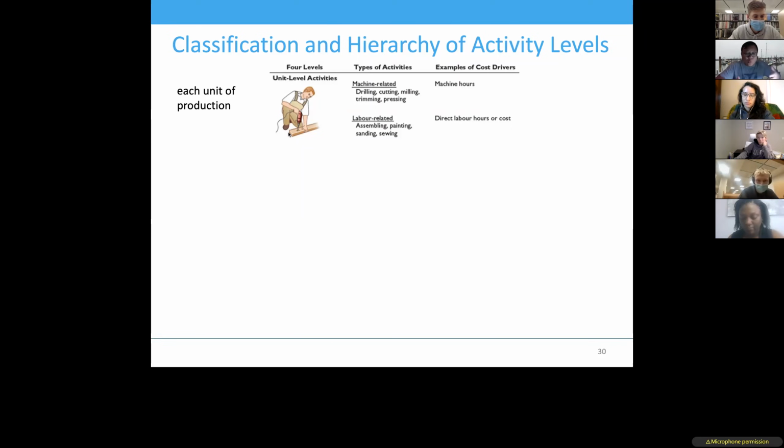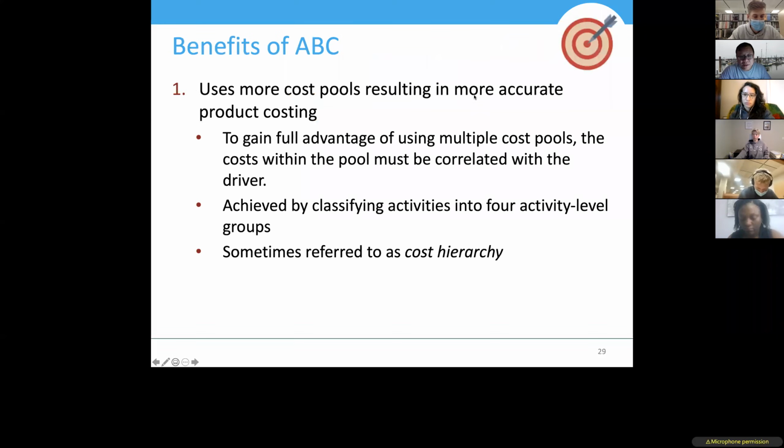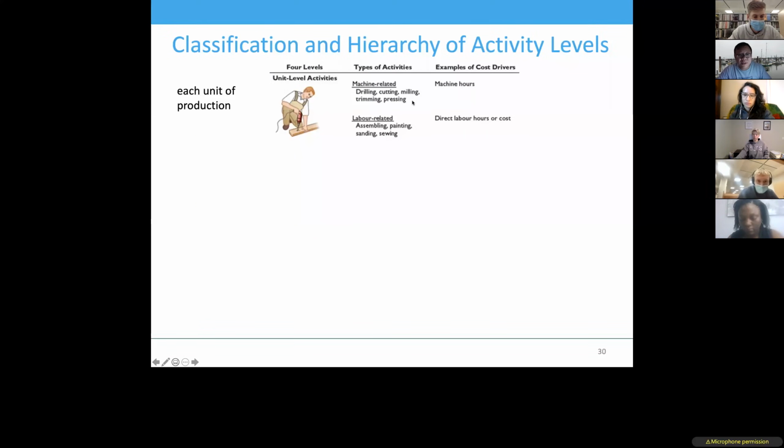So he's working on this product. The machine hours are the activity cost drivers related to the unit level. How many machine hours do you use to make this unit? Similarly, how many labor hours do you use to work on this unit? So machine hours and direct labor hours are the activities at the unit level.